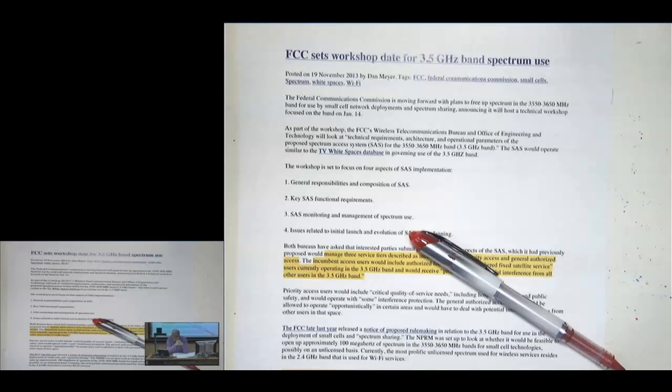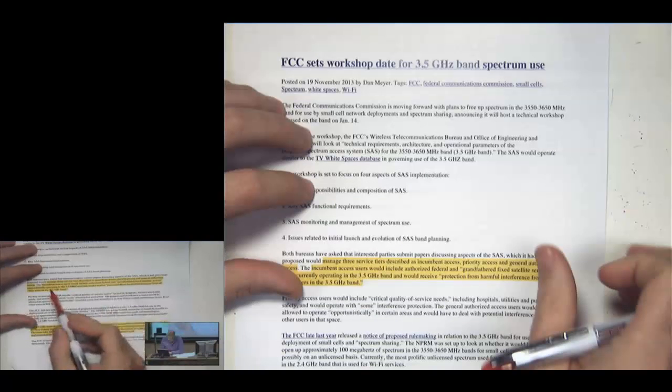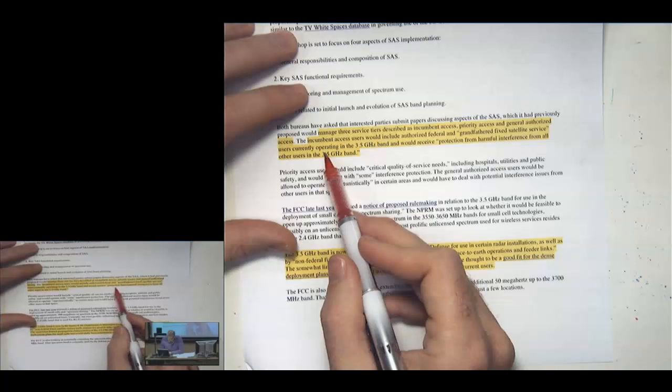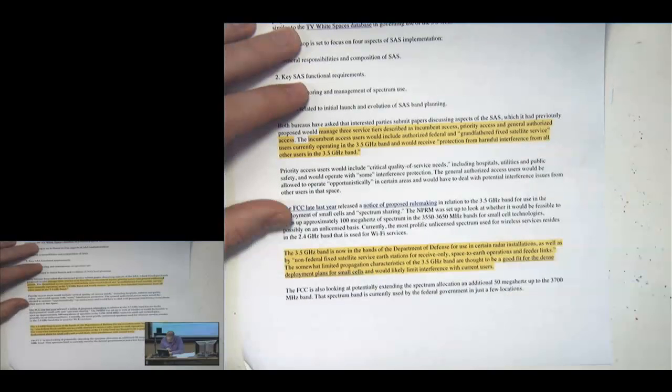So what's going to happen is that the users operating on a secondary basis will have to give preferential treatment to the incumbent user, and will have to communicate in such a way that they cause minimal damage to that incumbent. And that's called, the current users would receive protection from harmful interference from all other users in the 3.5 gigahertz band here.